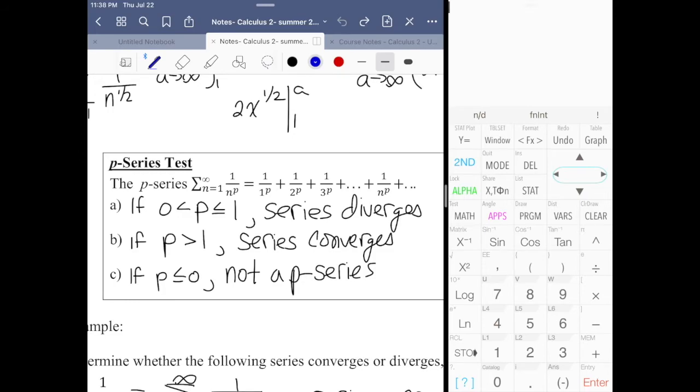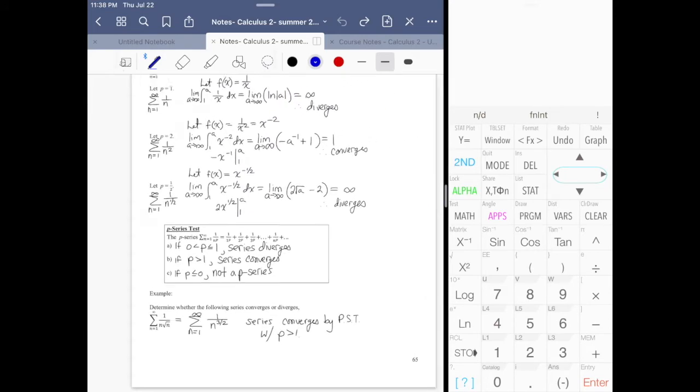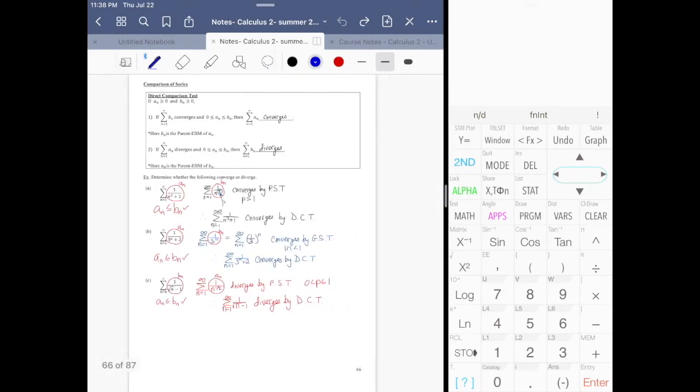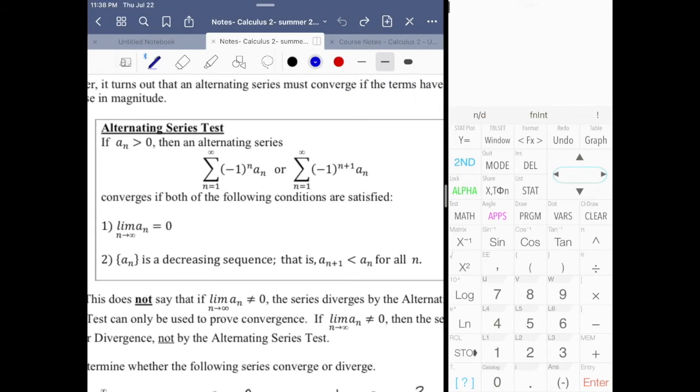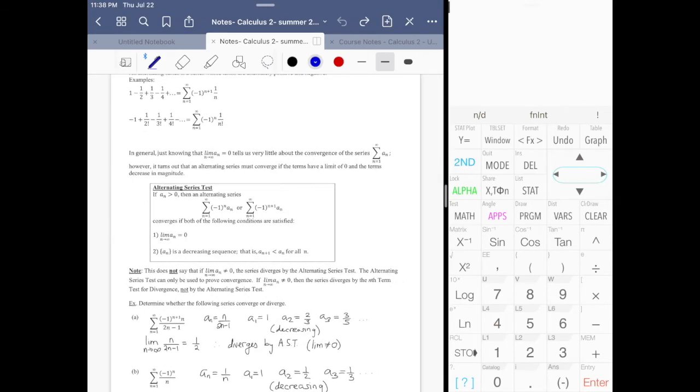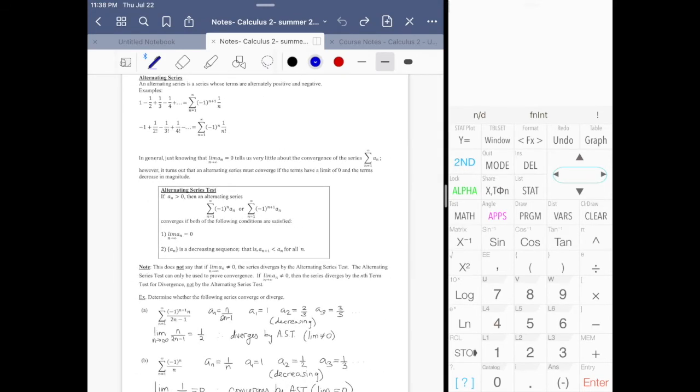If it's greater than 1, then it converges. If it's less than or equal to 0, then it's not a p-series, it's some other type of series. The alternating series has two conditions. Has to be a decreasing series, excluding the negative 1 to the nth power, or n plus 1 power. And the limit of that a sub n has to be equal to 0.